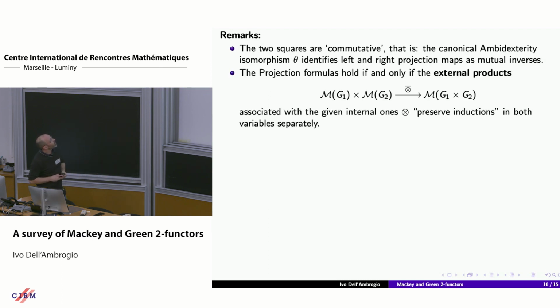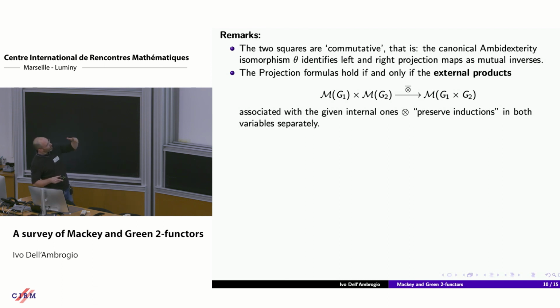Now, why the projection formulas? Well, conceptually, I think you should realize that the projection formulas hold if and only if the external products, which look like this, you have them for every pair of groupoids G1 and G2, and you always have them associated with a given lift.